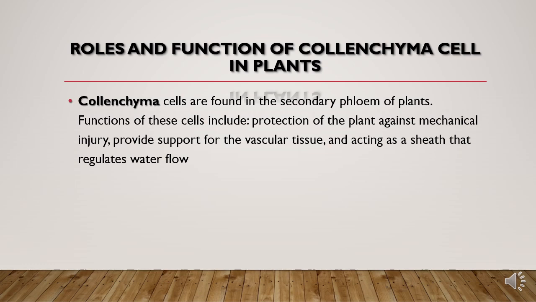Since these are found in the phloem tissue, the chlorenchyma helps to support the phloem tissue. The last one is that it acts as a sheath that regulates water flow. As water flows in and out, it helps to regulate the flow of water through the plants.